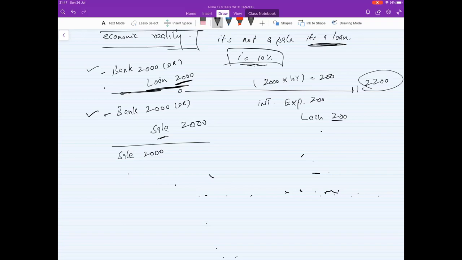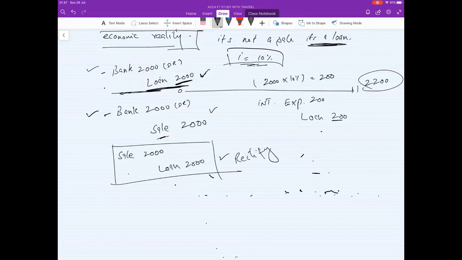So reverse this as a loan, and put this in a loan. So in this way you can rectify this entry. So this is the right entry, but this went wrong, and this is the rectifying entry.